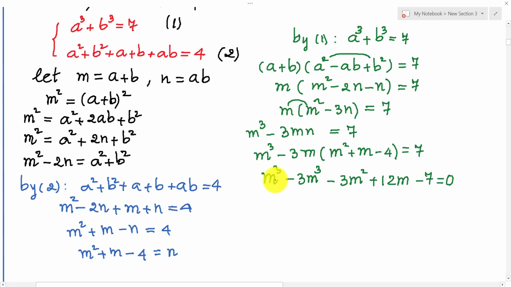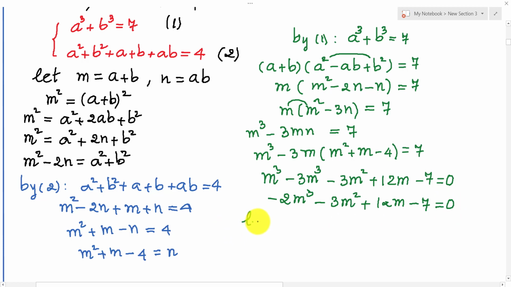So we get m^3 - 3m^3, which is -2m^3 - 3m^2 + 12m - 7 = 0.